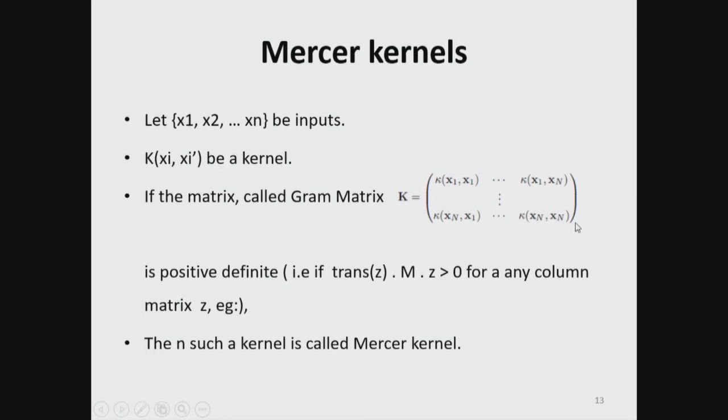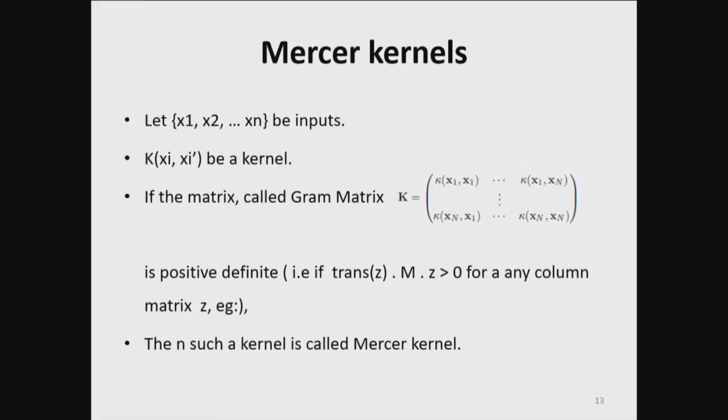We can check whether this K, the gram matrix, is positive definite by taking a column matrix Z and checking whether Z transpose into K into Z is greater than 0 or not. If this gram matrix is positive definite, then this kernel K is said to be a Mercer kernel.